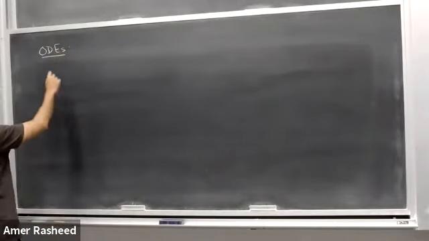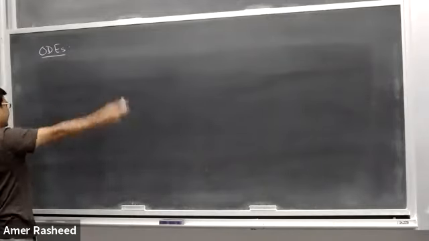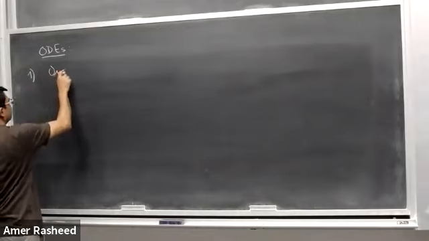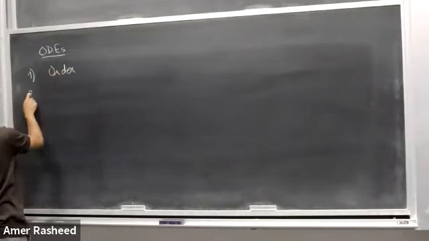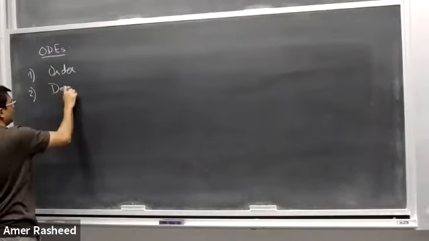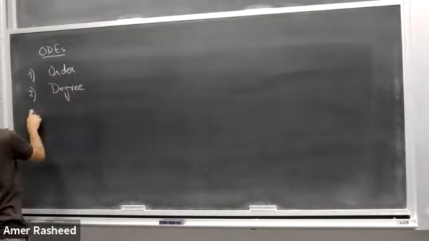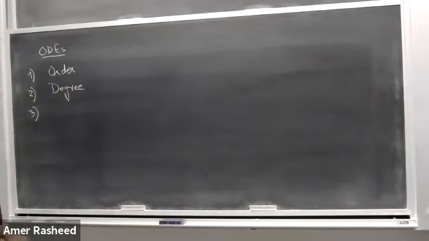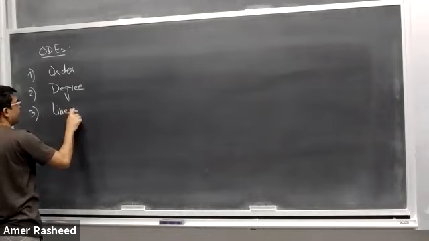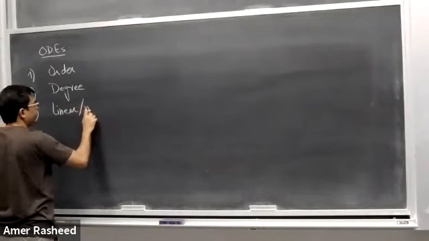We can classify ODEs with respect to their order, as we discussed. We can classify ODEs with respect to their degree. And we can classify ODEs by their linearity property, linear and nonlinear ODEs.